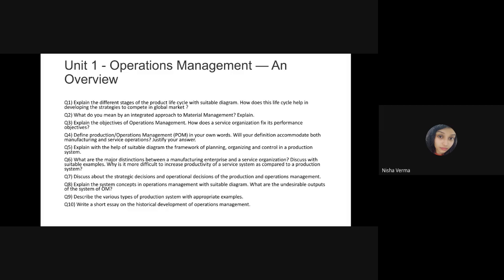Regarding the role of material management in the Indian context, it constitutes more than half of the total cost of production in most industries and projects, and in some industries it is 60 to 70% of the total cost.